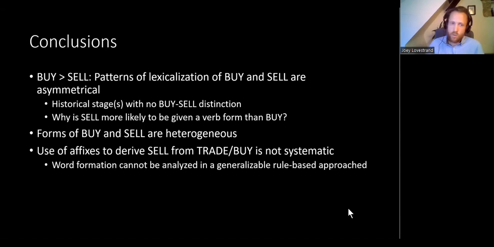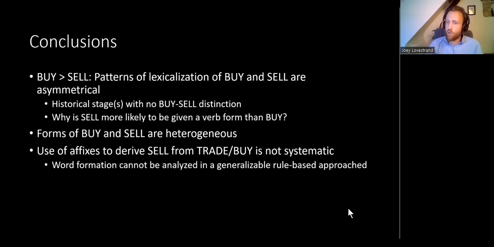In other words, when speakers feel the need to make this distinction between buy and sell, at least within Chadic languages, they consistently choose to create a form for expressing sell rather than creating a form for expressing buy. This also implies that there was some historical stage, and maybe multiple historical stages, where there was no buy-sell distinction, that gave need for the creation of new ways of expressing sell specifically. But it's not really clear why or how exactly this came about in particular languages.